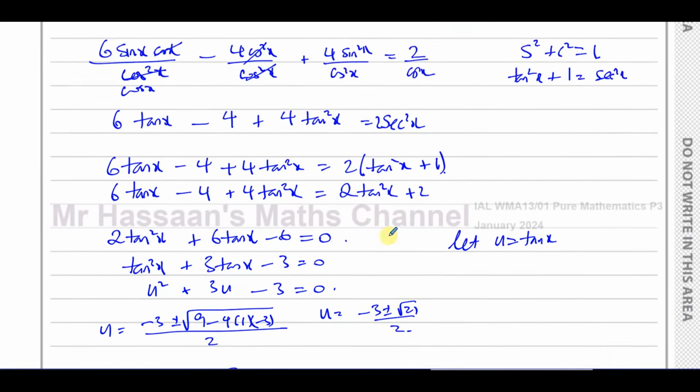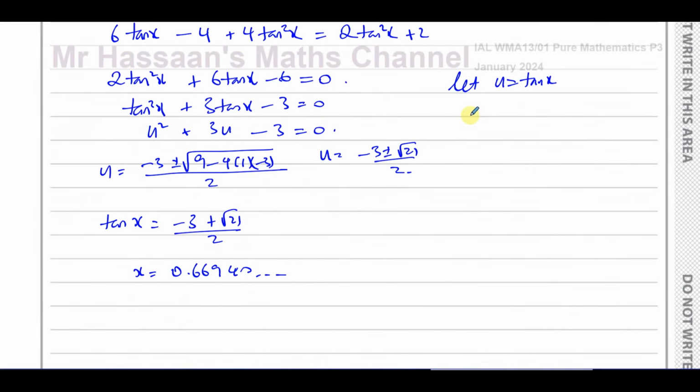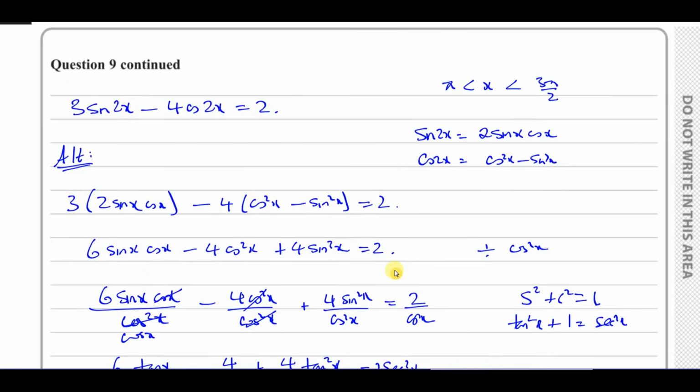Okay, and that's not in our range. Our range is from pi to 3 pi over 2.